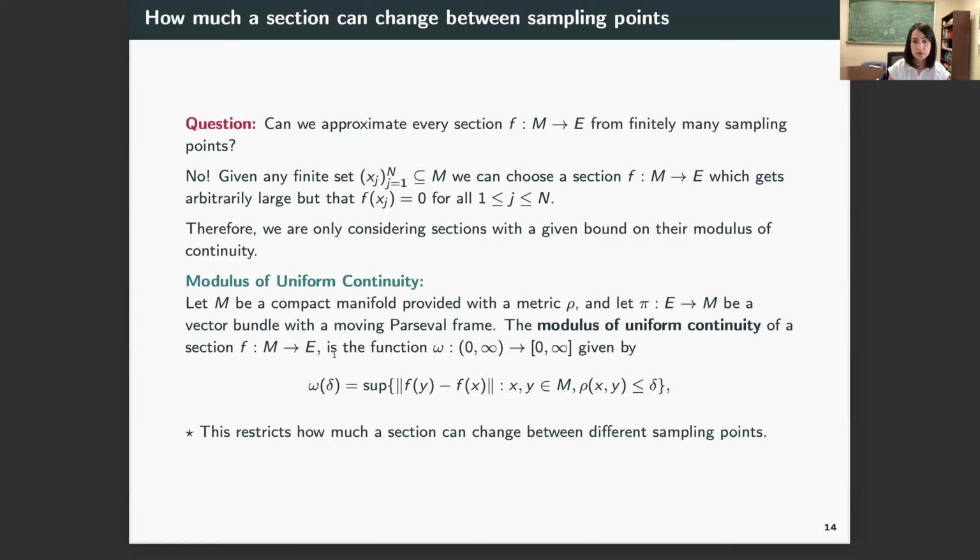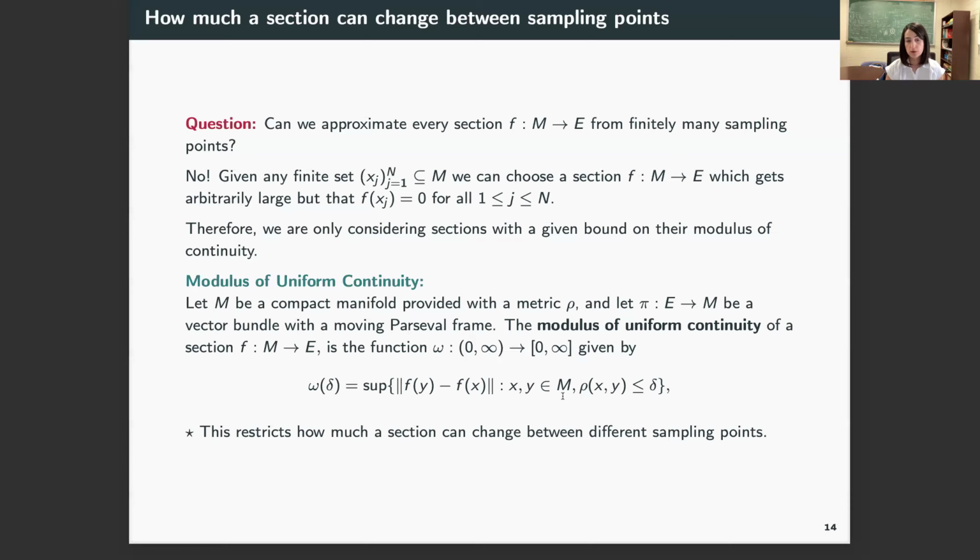So the modulus of uniform continuity says that for a section f, the function omega of delta would be the supremum of the distance between f of y and f of x. So take any points on the manifold, you're looking at the supremum of the distance of these two vectors from each other.